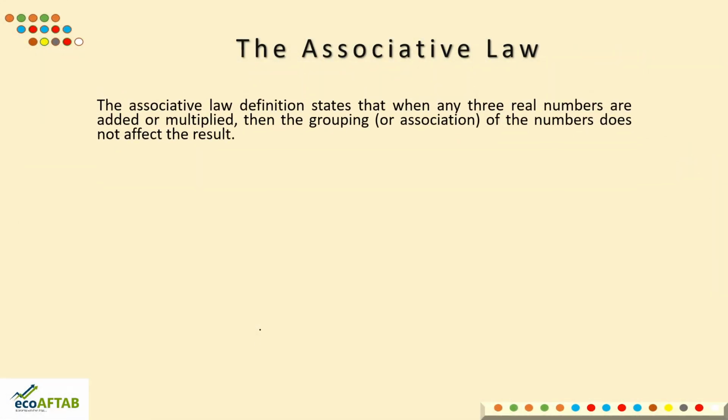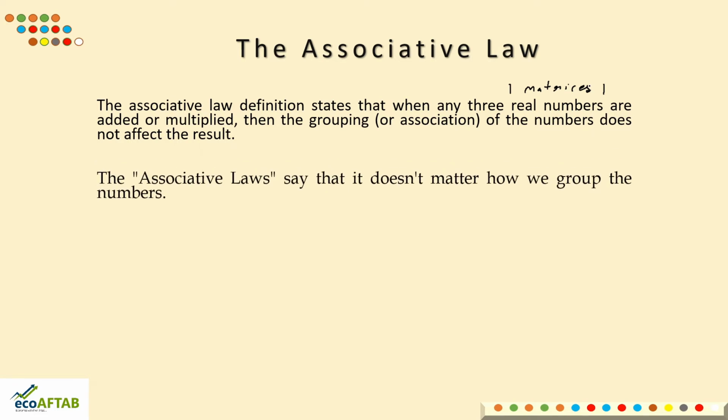The associative law. The associative law definition states that when any three real numbers are added or multiplied, the grouping or association of the numbers does not affect the result. So instead of real numbers, what will happen to matrices? If you take three different matrices and add or multiply them, what will happen to the grouping?